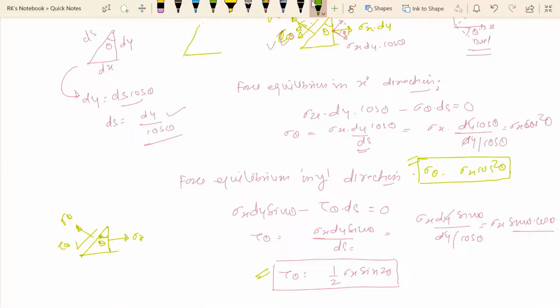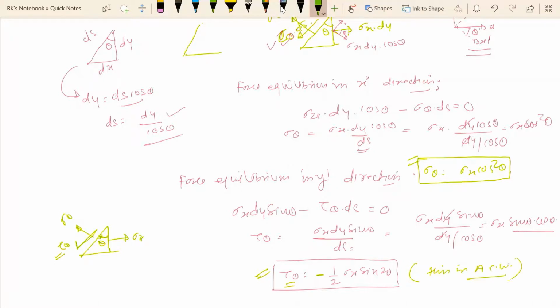So tau theta is equal to positive 1 by 2 sigma x sin 2 theta. But this tau is in anti-clockwise direction. According to our sign convention, tau theta in anti-clockwise direction must carry a negative sign, because it is in anti-clockwise direction.